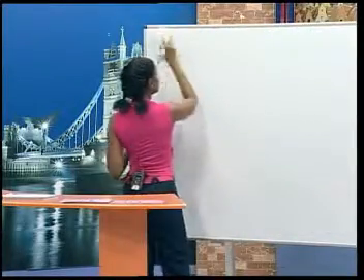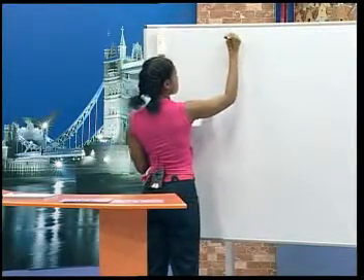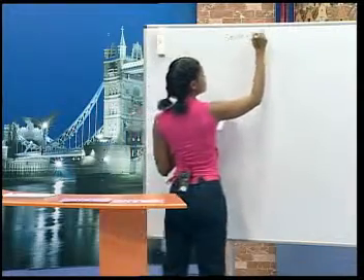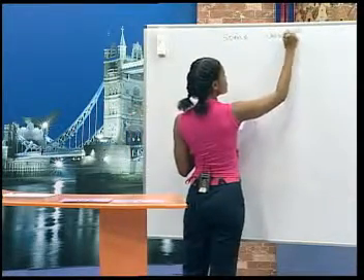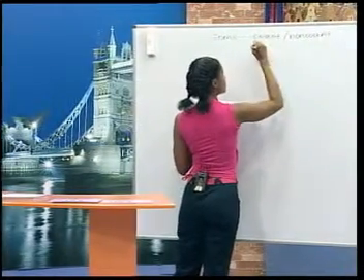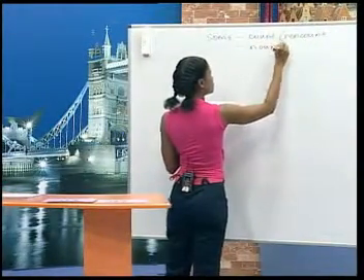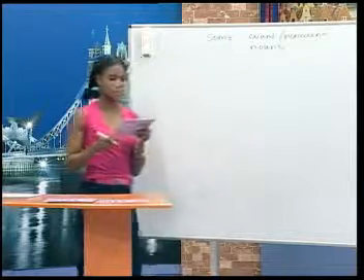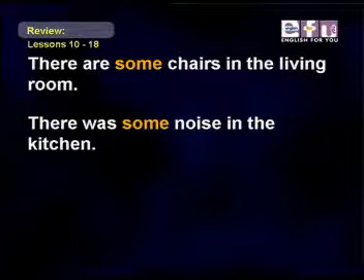We're also going to review some. Remember, we can use some for both count and non-count nouns. For example, there are some chairs in the living room. There was some noise in the kitchen.